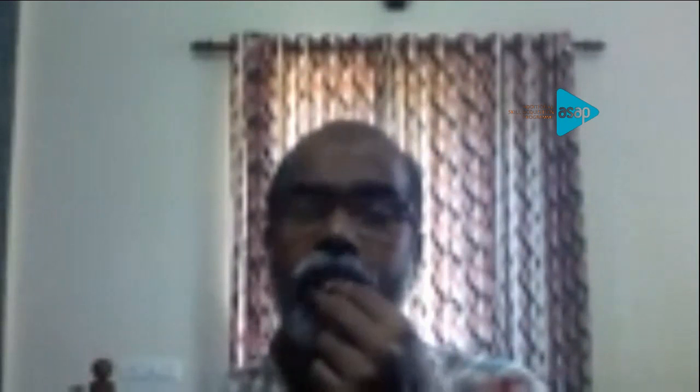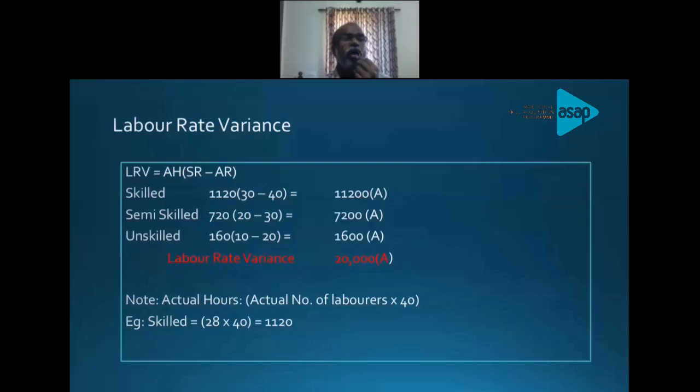As far as skilled workers are concerned, actual hour is 1,120. We have already computed actual hour: it is the actual number of laborers into 40. What is this 40? 40 is the total working hours of the week, as we are considering the work for a week.